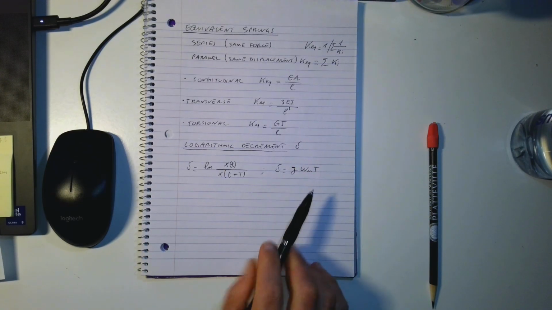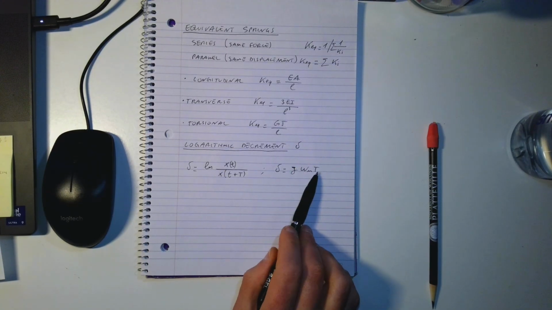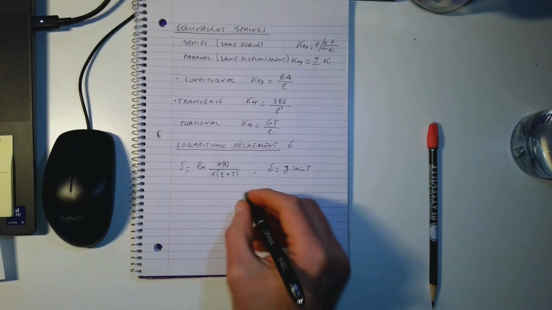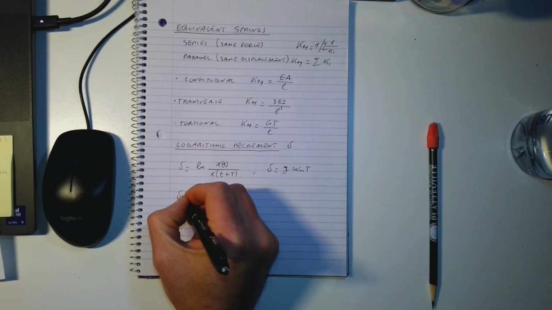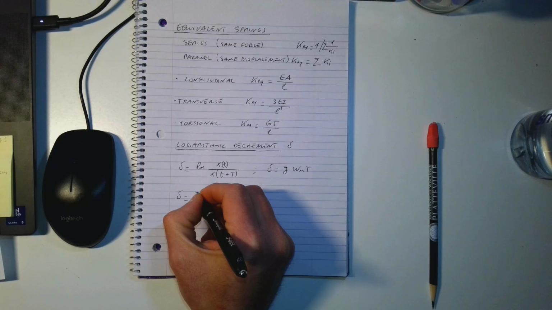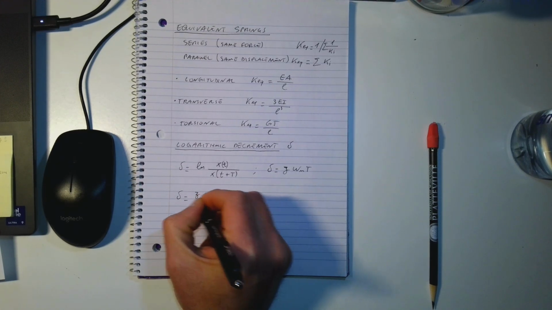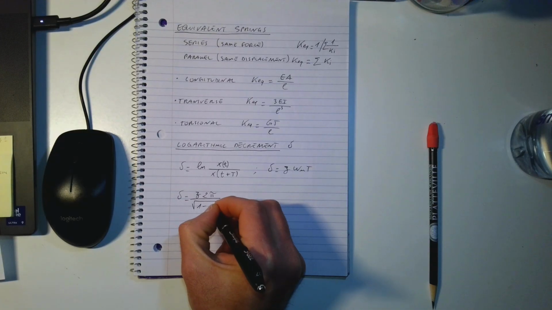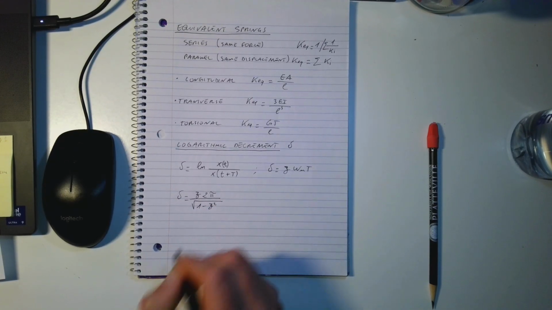And then once we have this, we can obtain the value of the period, and what we obtain is the following. We have that delta is equal to zeta 2 pi divided by square root of 1 minus zeta square.